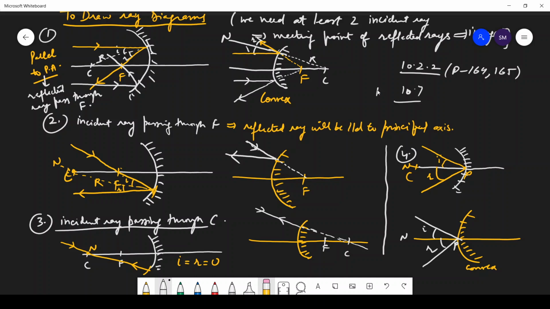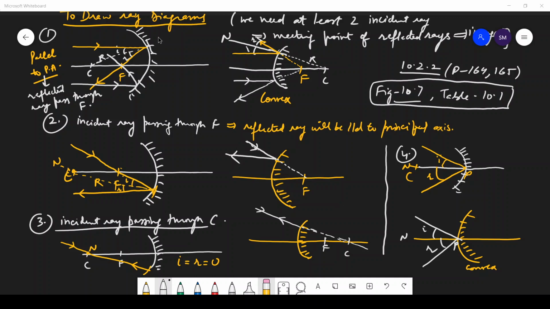When you see figure 10.7, you also see table 10.1. So figure 10.7 you need to see along with table 10.1.